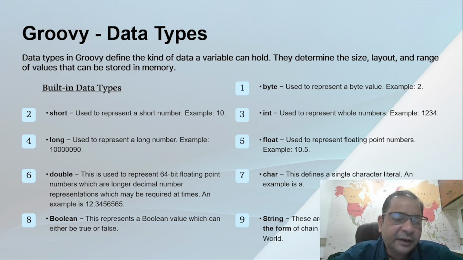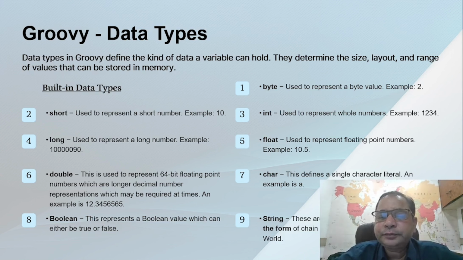Double is a type having multiple digits after the decimal, and those numbers can be represented in the data type double. Boolean, true or false. And byte can be used to represent a byte value.